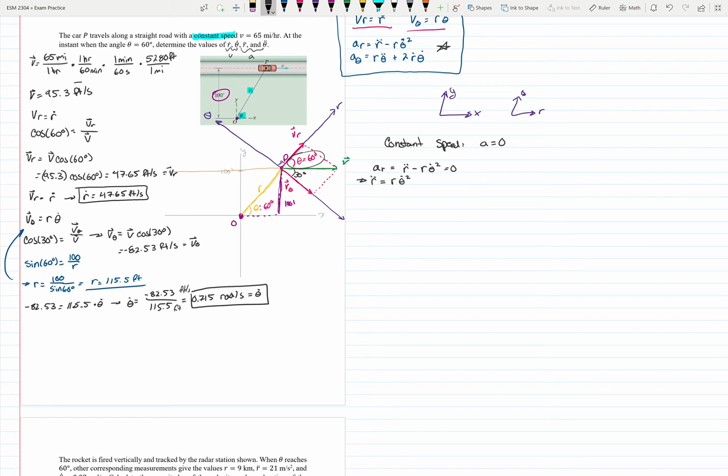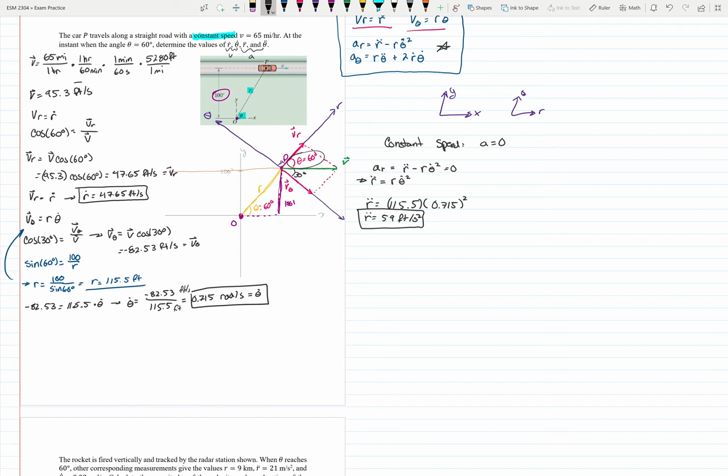Substituting the values that we have already solved for, r double dot is equal to 115.5 times 0.715 squared, and this simply ends up being r double dot is equal to 59 feet per second squared. So that is the third solution.